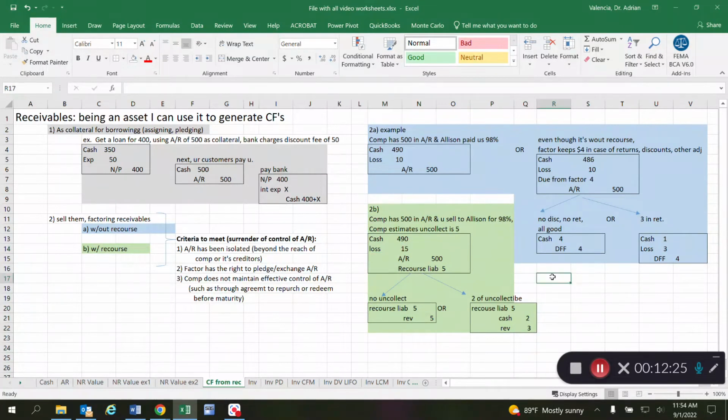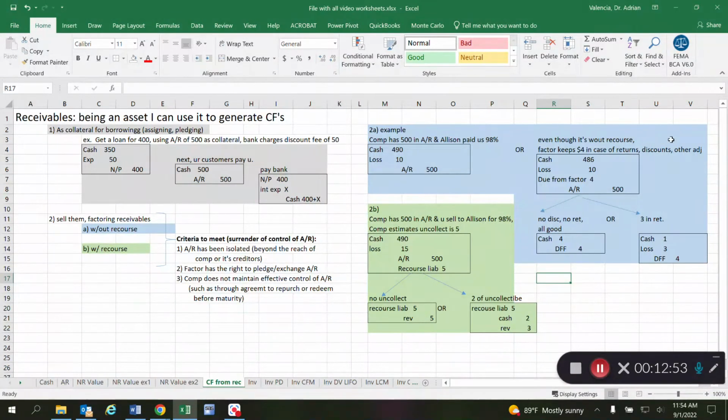All right, let's go back to example 2A without recourse. Another thing that can arise when you sell your receivables is the fact that the factor themselves, Allison in this case, may want to keep some money in case there are issues like customer returns or customer discounts.